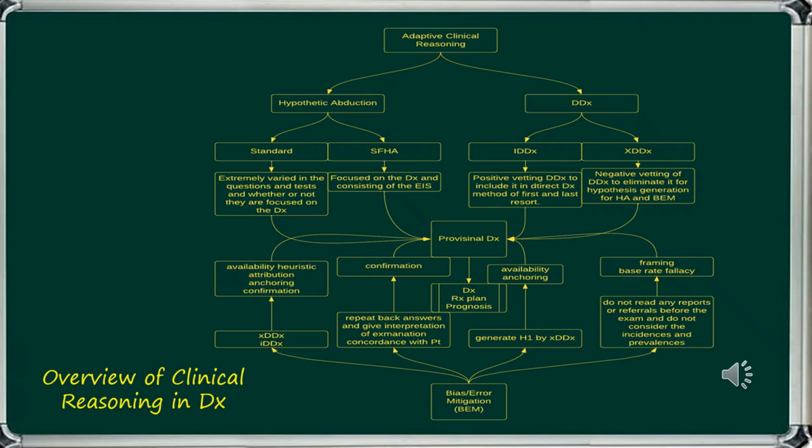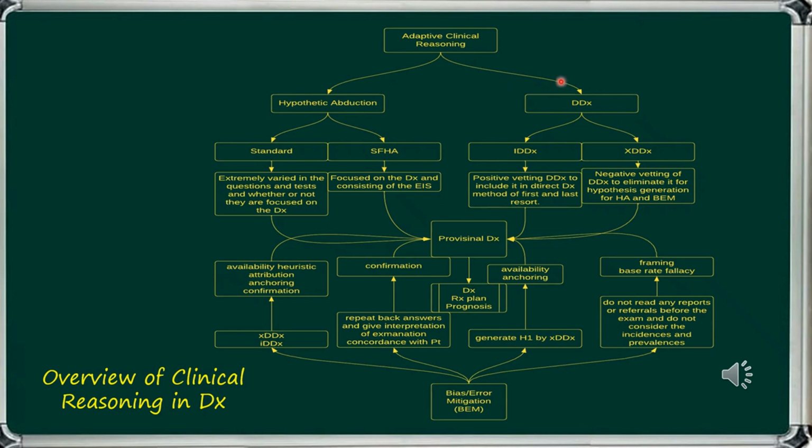So we're going to use an adaptive reasoning model or method because the other ones don't make any real sense for us at all. We've got two methods that we can use that have any sort of system to them: hypothetico-abduction and differential diagnosis.